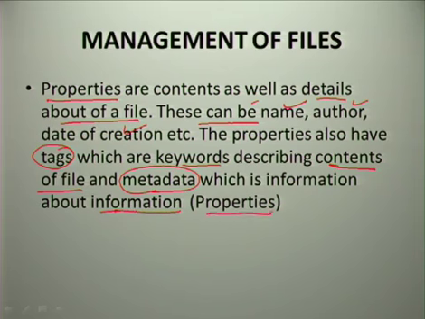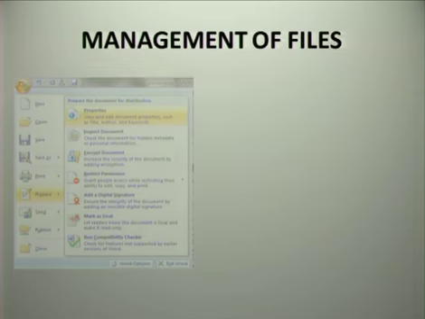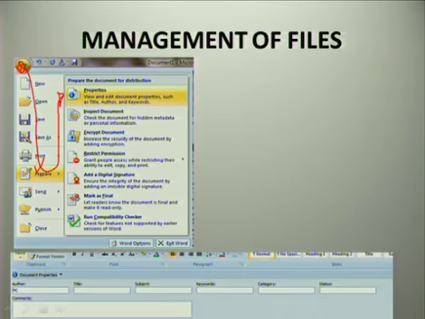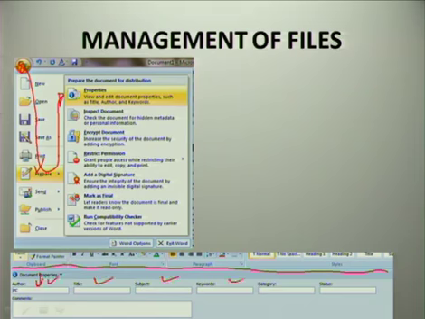Now, how can you be able to view your file properties? If you go to your Microsoft Office document or any other document, you go to your Office button there, and then you go to Prepare, and then you open up Properties, and then this is what you will get. You will get a screen just above your tabs where you get document properties, the author, the title, subject, keywords, category, status, as well as comments.